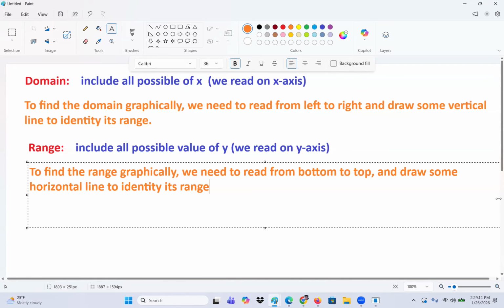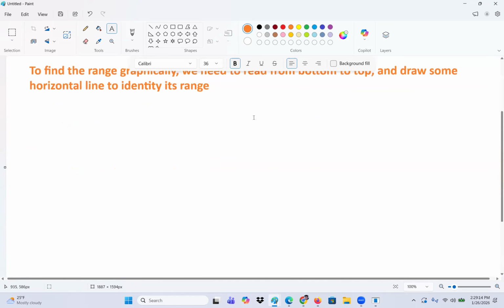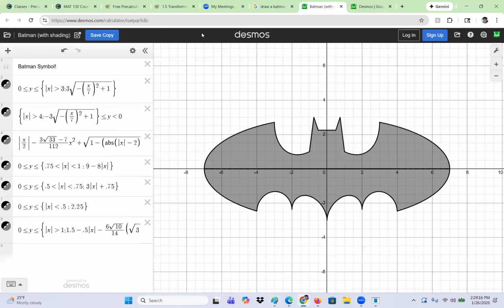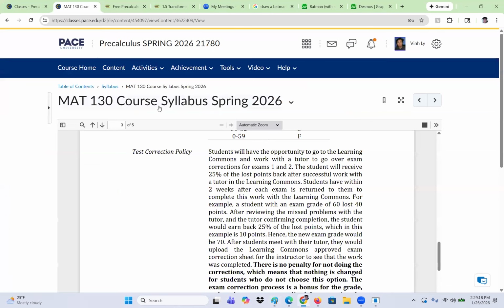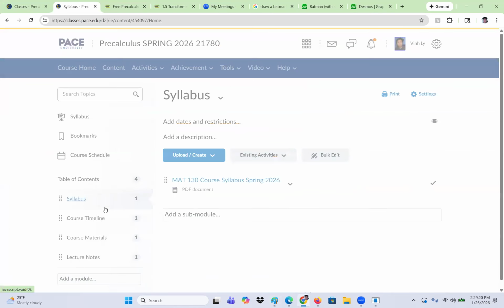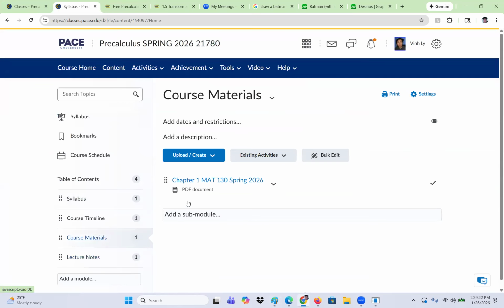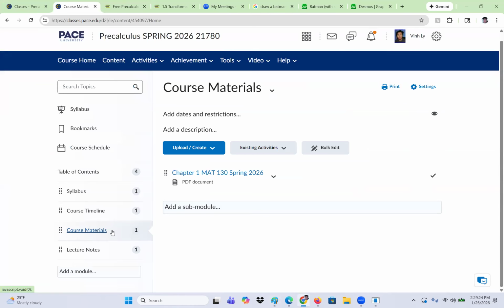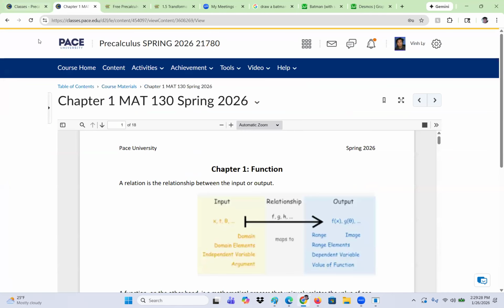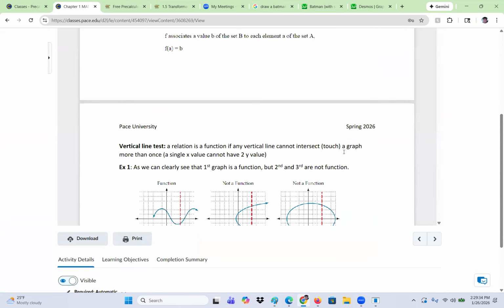Okay, so let me just show you how to do that. And let's go to content. You can also get all these class summaries under the course material. So this is what we have for the first chapter.